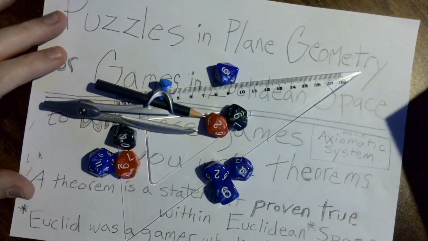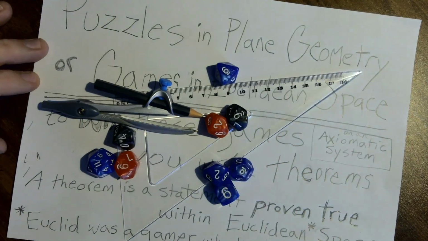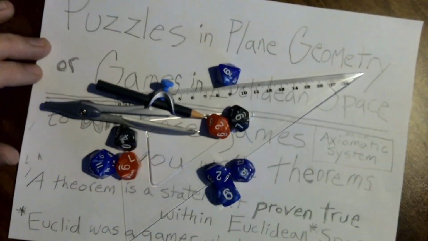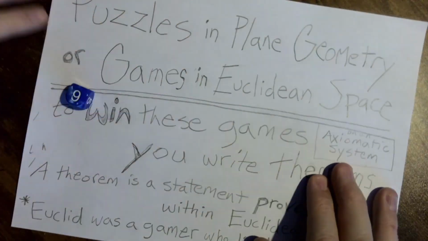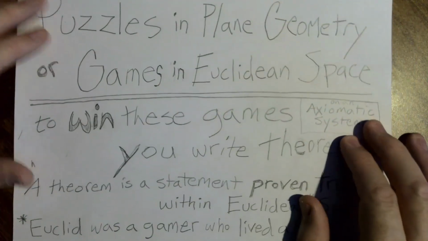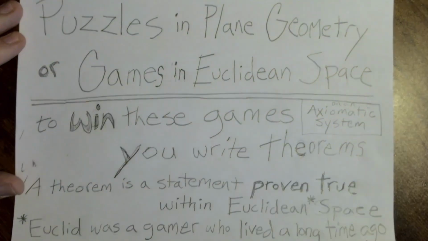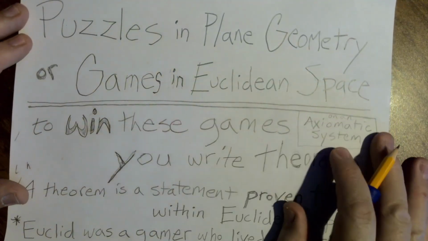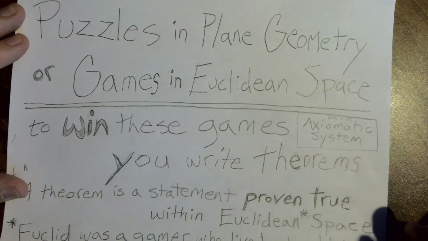But now before we get to these puzzles, we have to talk about how to get this done. Okay, so we'll set that book over there. Move this stuff out of the way. So, puzzles in plane geometry, or games in Euclidean space.